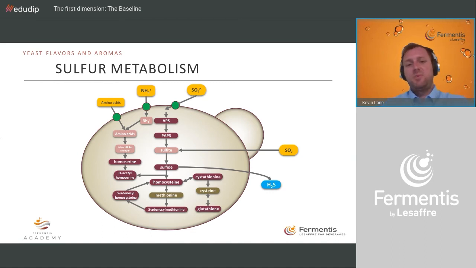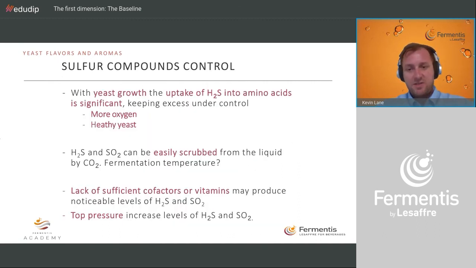So the 2 most important sulfur compounds that are negatives in beer would be SO2 and H2S, giving the sulfur characters that you should be familiar with, struck match and egginess.